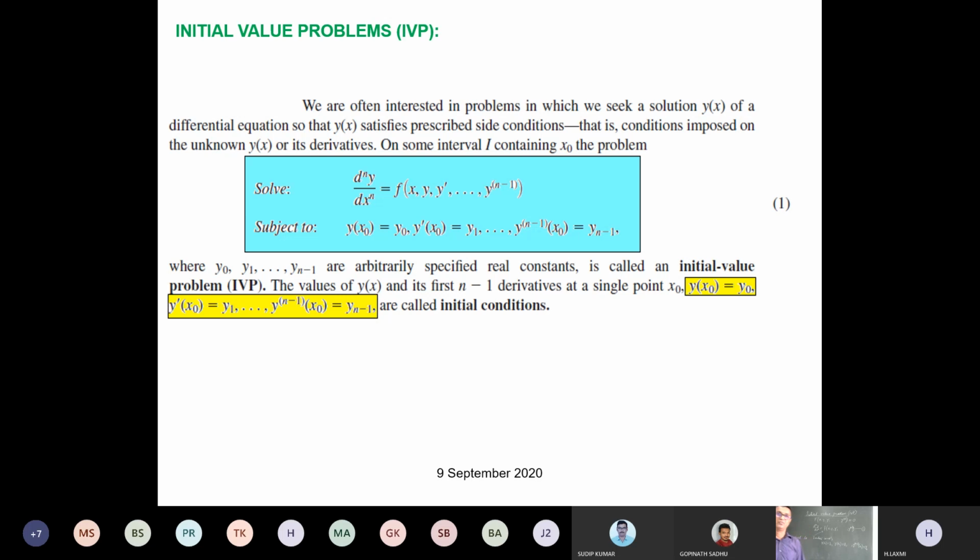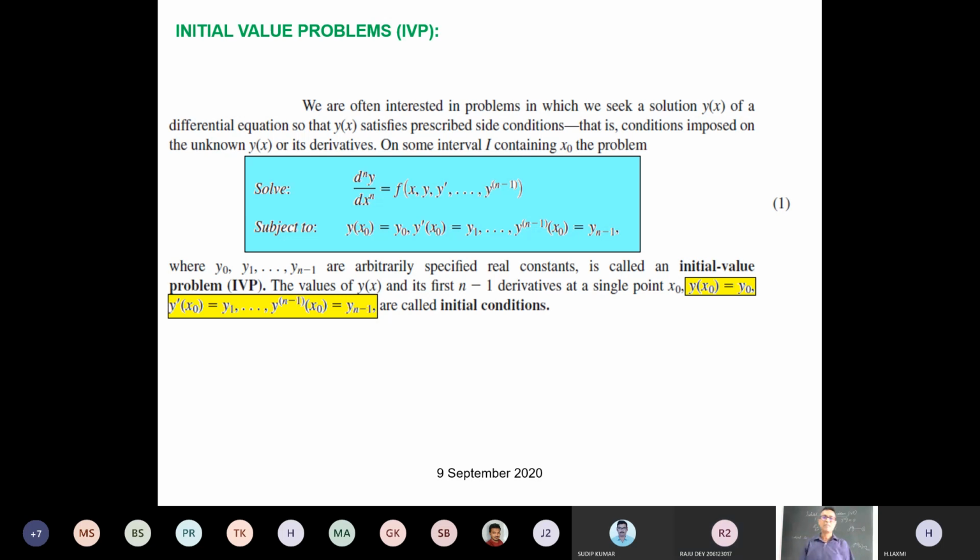Okay, everything is clear? Yes, sir. Am I missing something here? Have I missed something here? Yes, sir, the last one is y to the n minus 1. Okay, fine. I have corrected that.